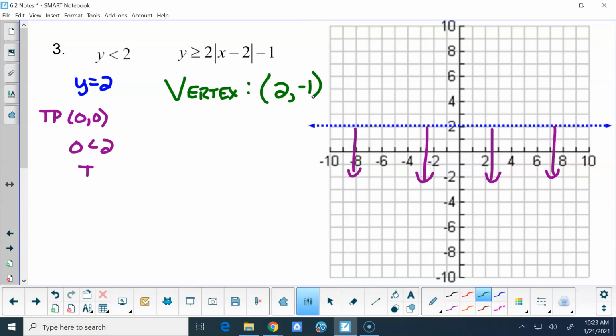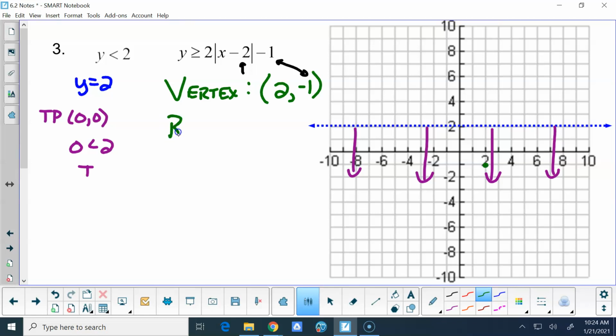Because I take this number here, I think oppositely, and then that number goes right into there. Inside parentheses on graphing type things, we think oppositely inside something. In this case, it was inside the absolute value. So, 2 comma negative 1 is right there.